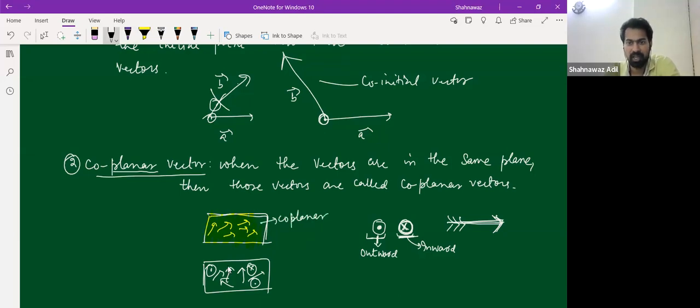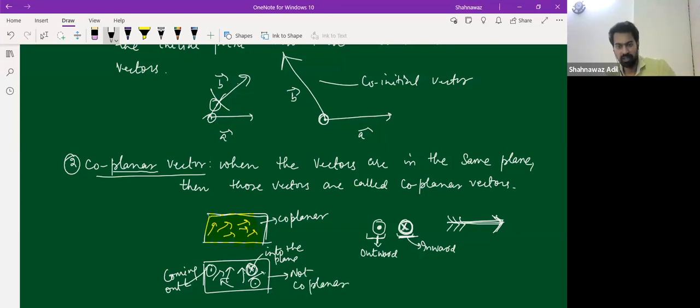But in this case, you have these vectors in this plane, but this cross is going inward. So this is going into the board or the plane, and this is coming out. So this is not coplanar. Understood, guys?